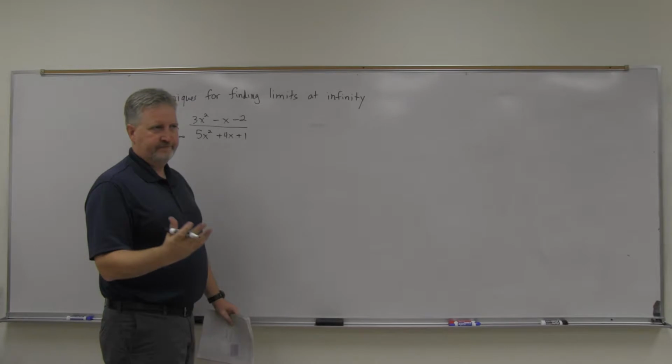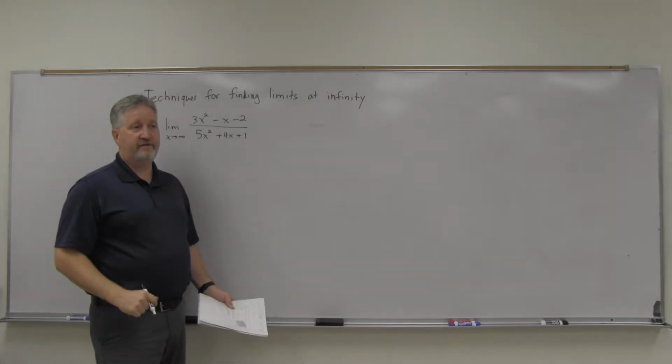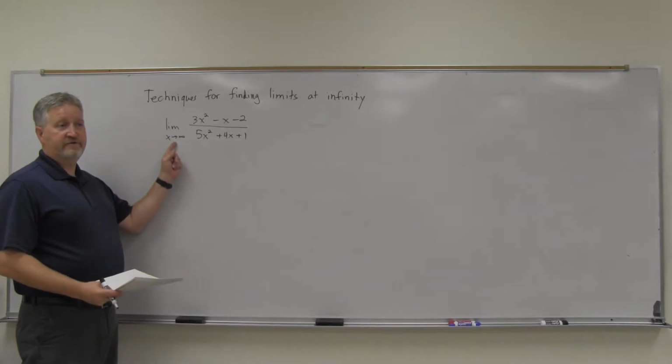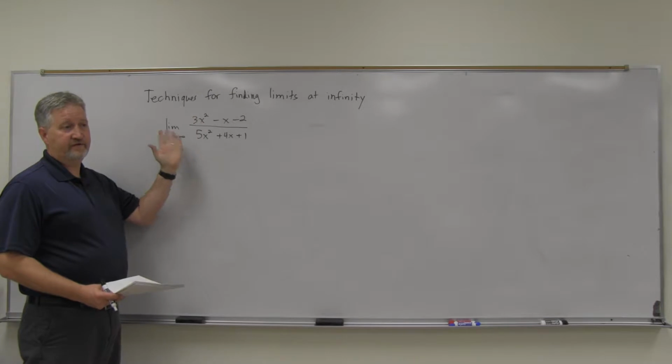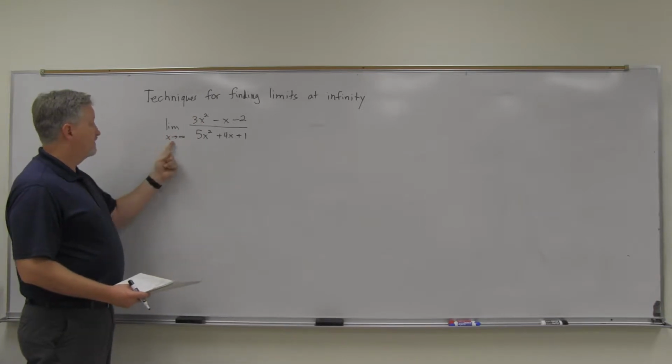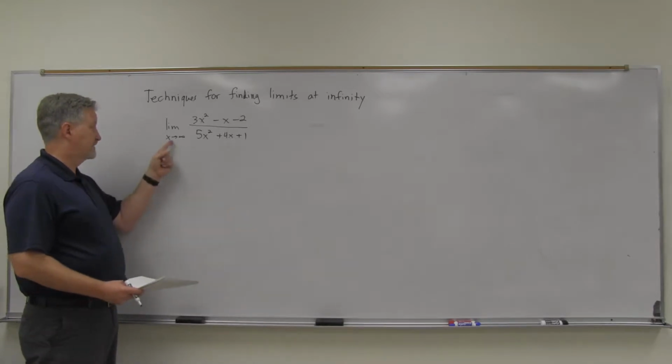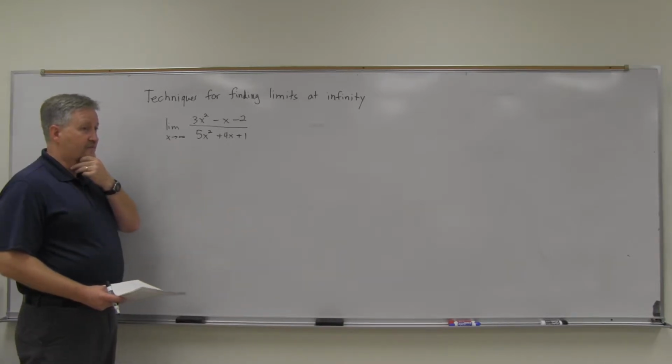Previously, if we came across a polynomial like this, we would say let's factor, but that's not the case when I'm going to infinity. That's if x goes to a number. I look at trying to factor it if it goes to 0 over 0. But if x goes to infinity, it's a whole other technique. That's, first of all, key to why I'm doing this.